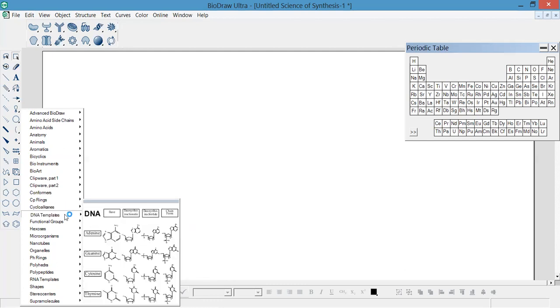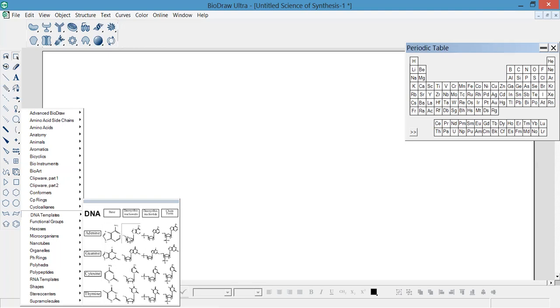These are the structures of DNA, the structure of DNA template with base pairs: adenine, guanine, then cytosine, and thymine. These are the different base pairs involved in the synthesis of genetic material like DNA.